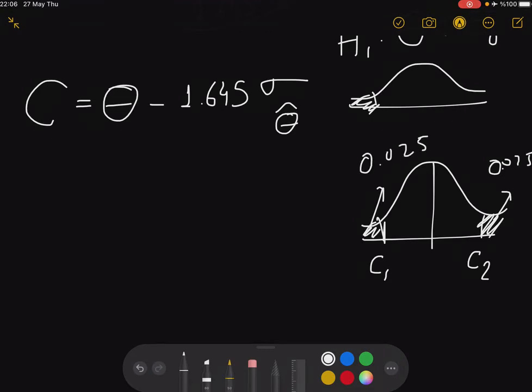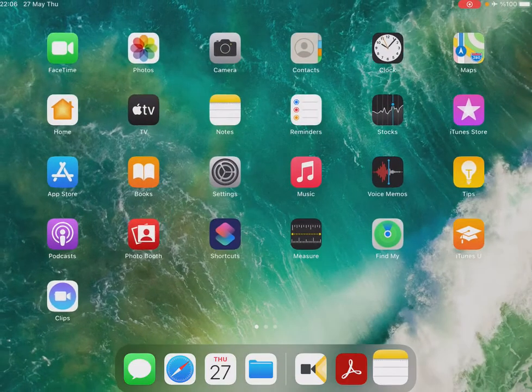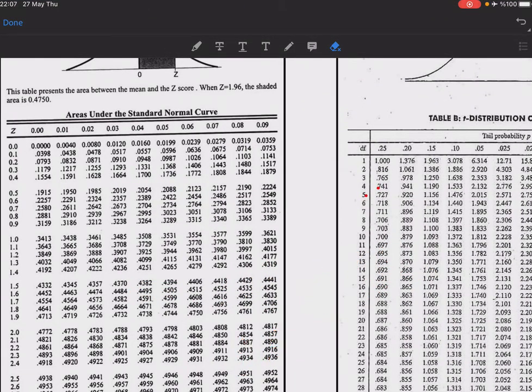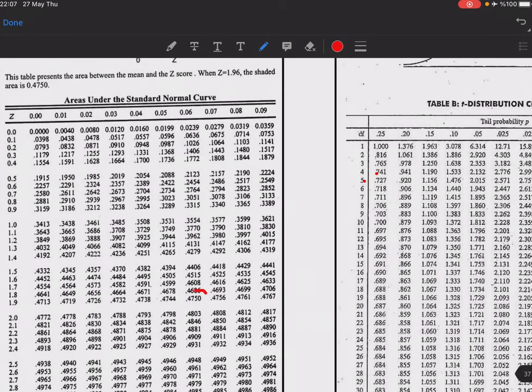So we will now have a new value, namely the corresponding value for 0.475. For 0.475, it is right here. You see this one? Never memorize. Don't do it. And it is 1.96 here.